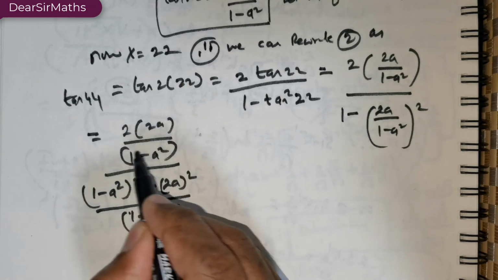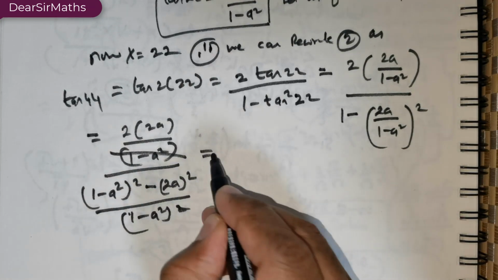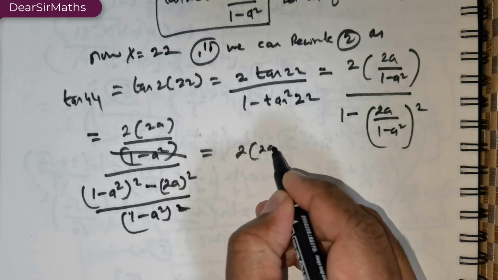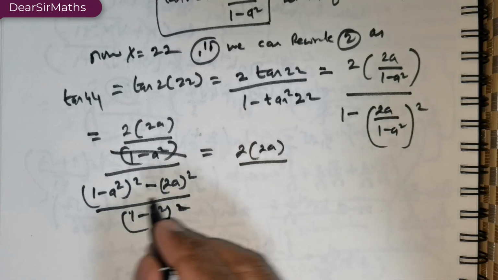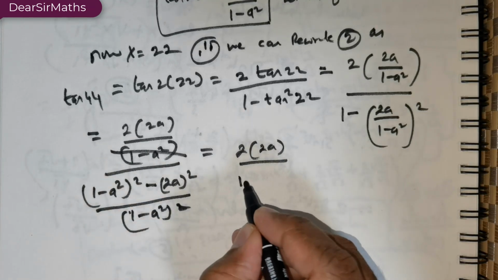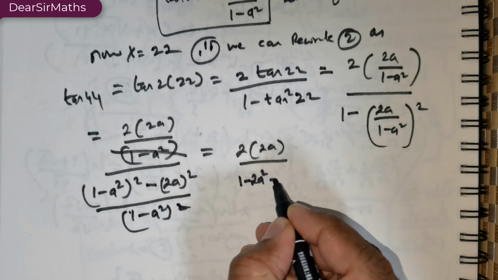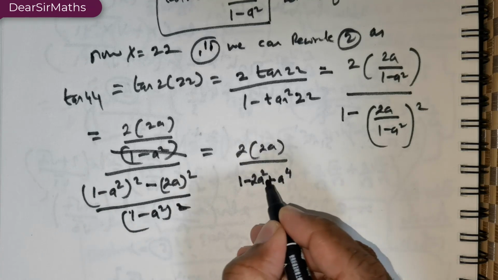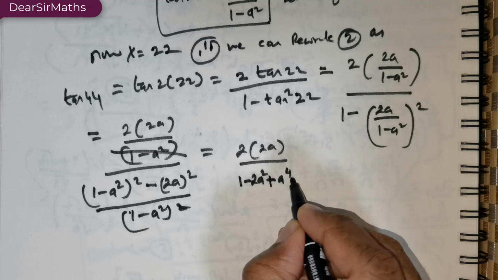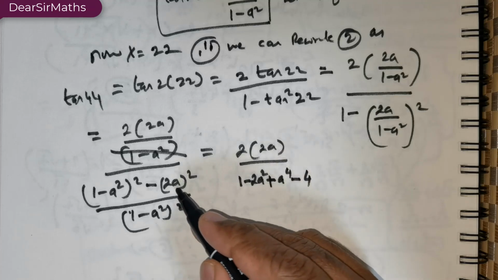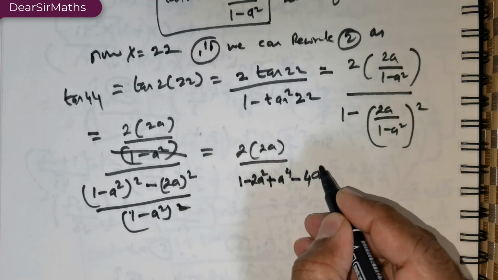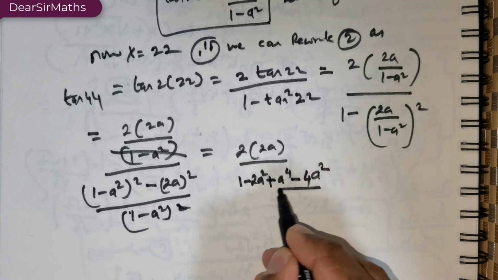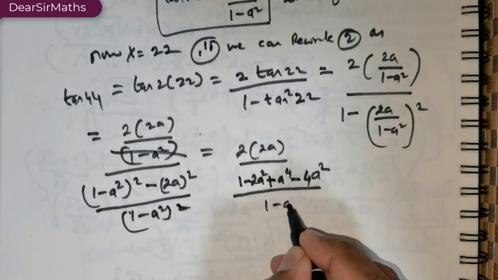Now you can cancel this with one quantity and rewrite this as 2 times 2A over, if you were to expand this, 1 - 2A² + A⁴ - 4A², divided by (1 - A²).